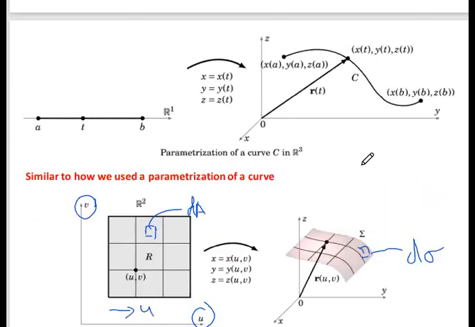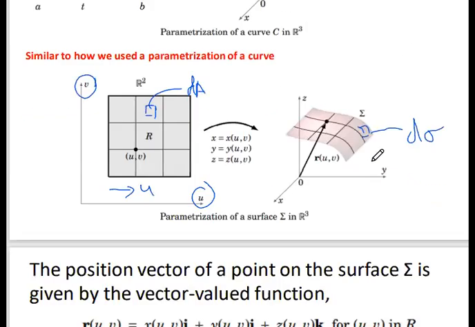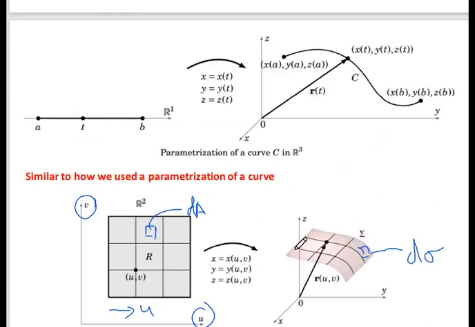All right. So now we are going to find the area of this surface. How do we find it? Very easy. We use this map to compute the area of this deformed surface.